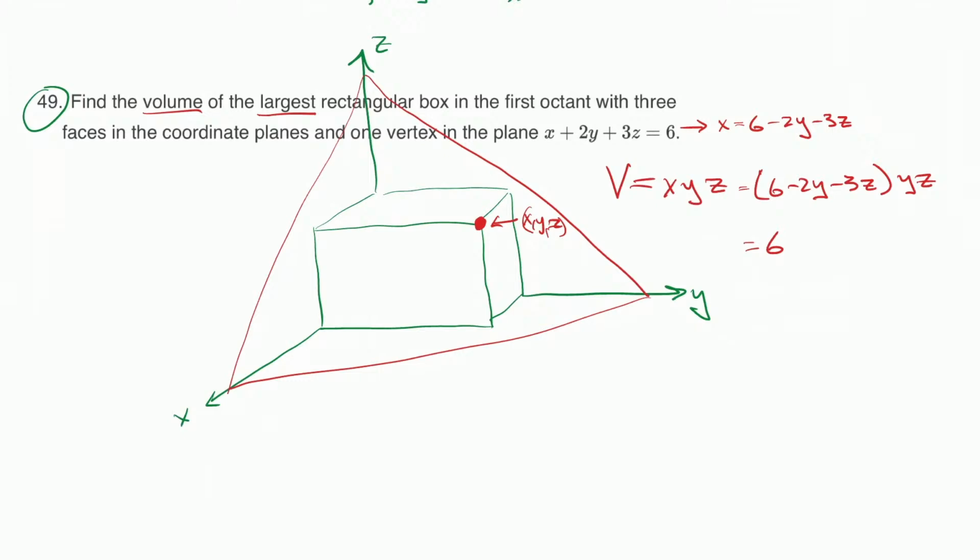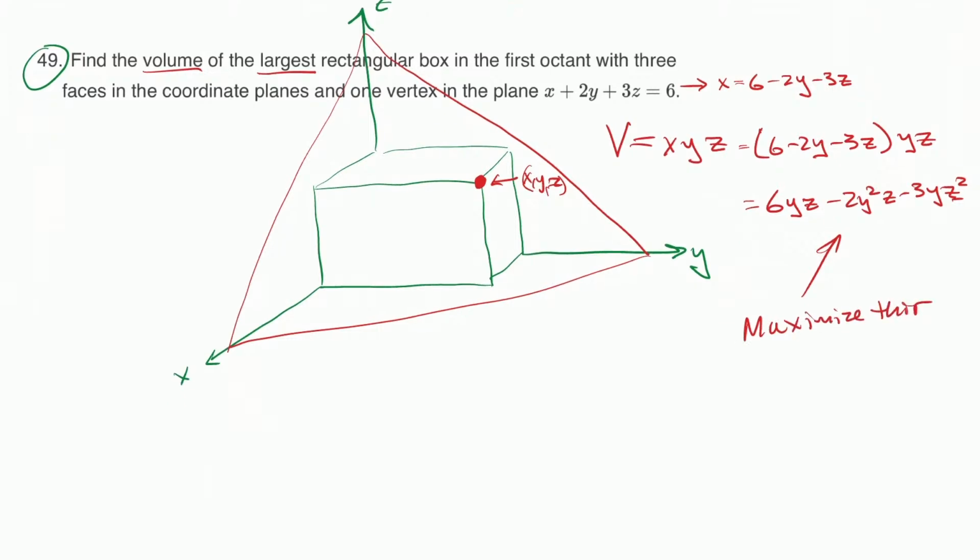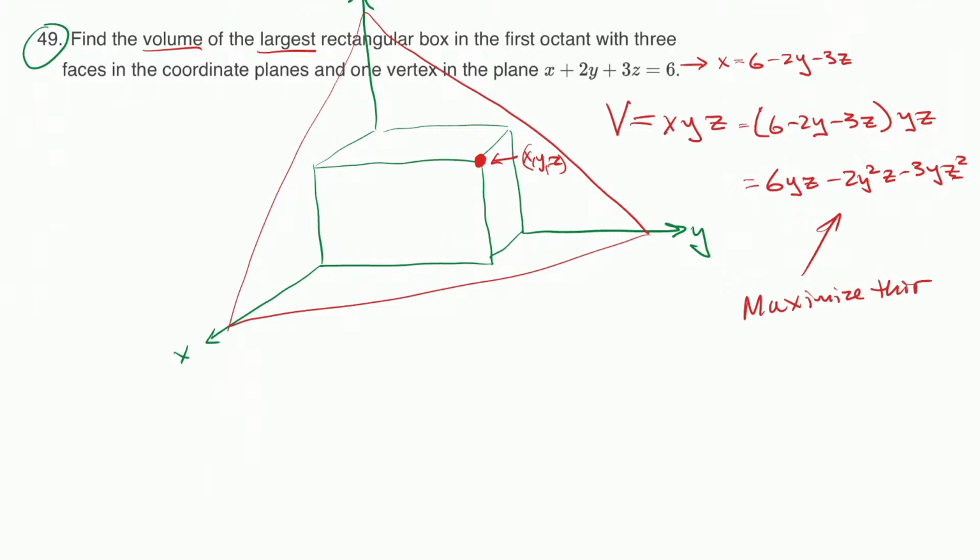And I could rewrite that like this. 3yz squared. And I want to maximize this. So find your critical point and then go from there.